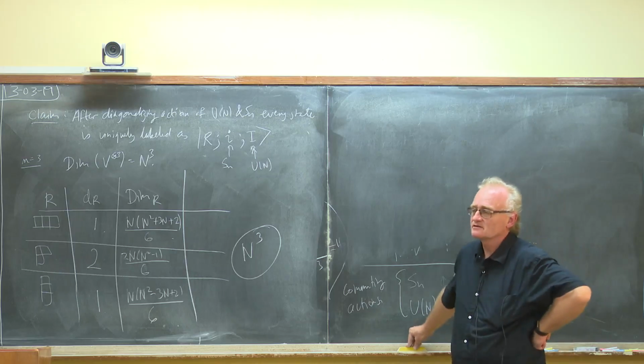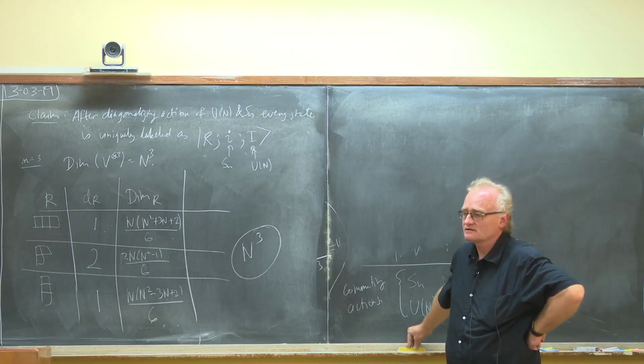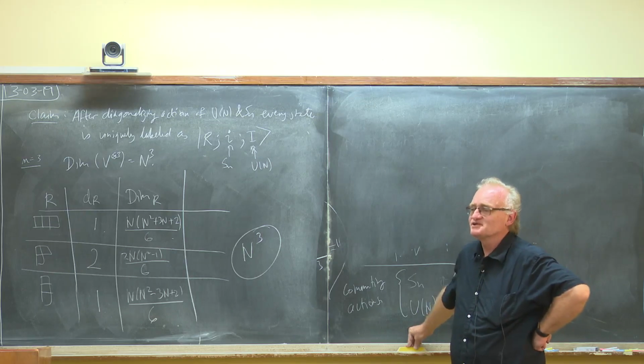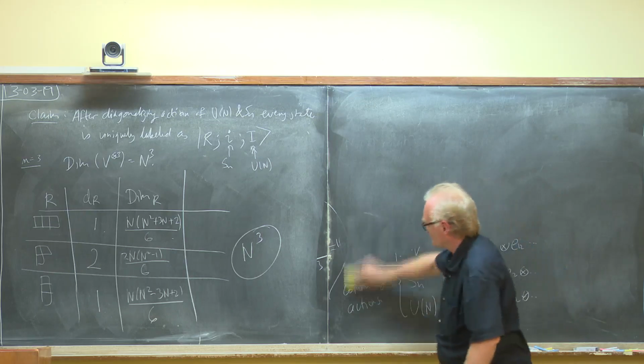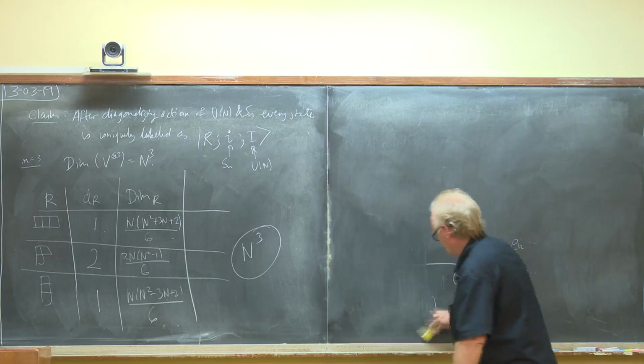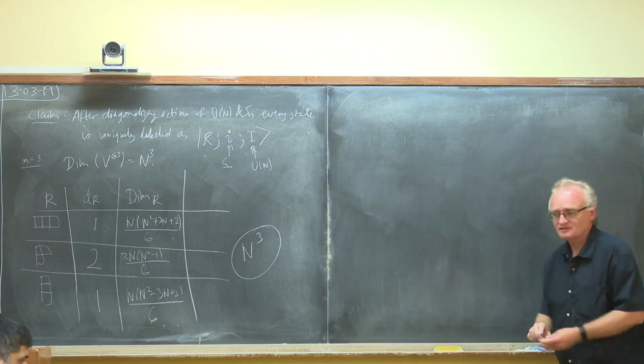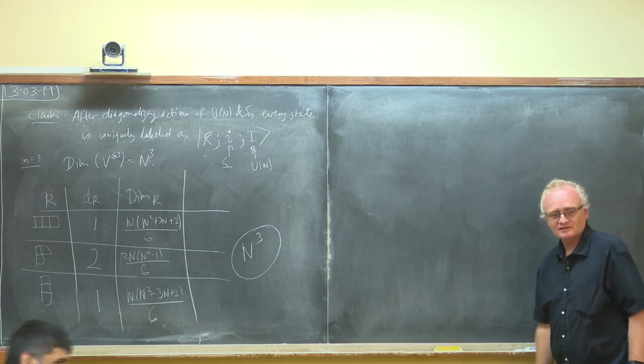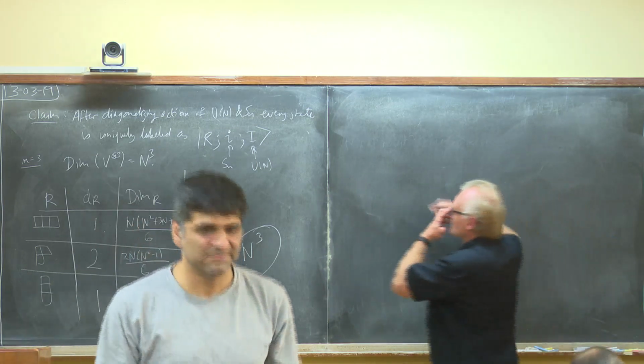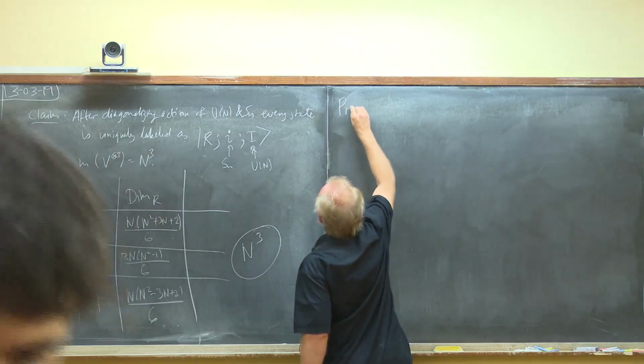Yes. But the spherical harmonics are those such that the two SU2 labels are the representations that are the same. Yeah. LM M prime, that's what you mean. Yeah. Not LM L prime M prime. Yeah, yeah. LM M prime. Yeah, that's exactly.